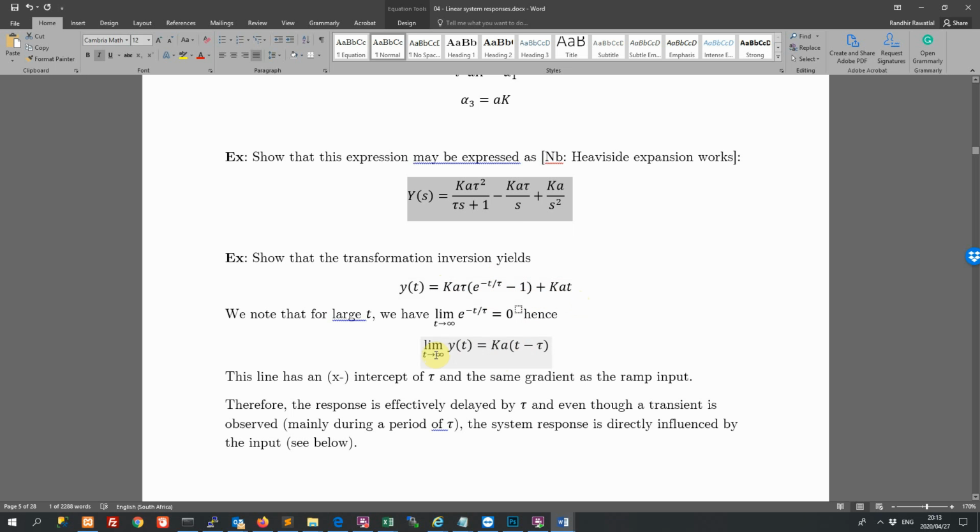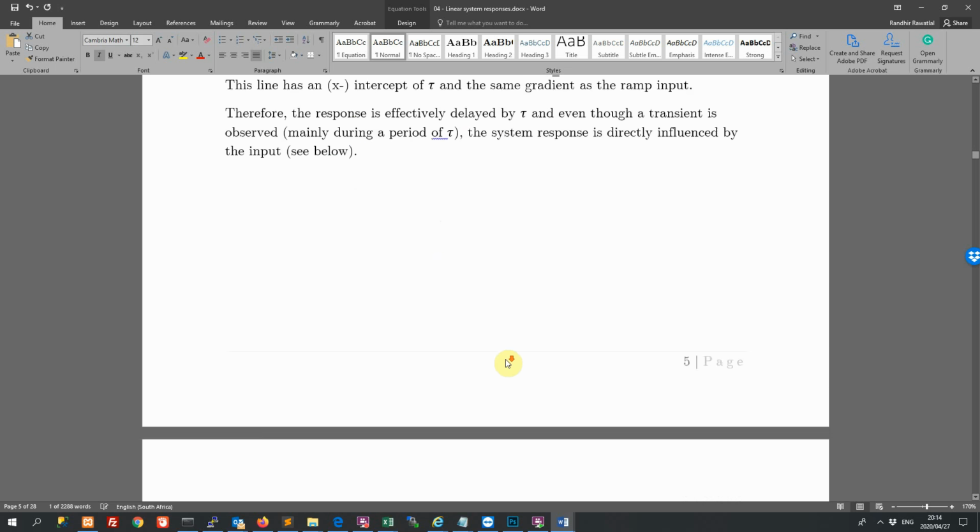And so the limit as t goes to infinity for y of t is Ka(t minus tau). And if you think about this, then this is telling us basically that we are going to get a straight line in t, right? We are going to get some line that's increasing as time increases. And it's somewhat offset here, and that's because of that exponential contribution.